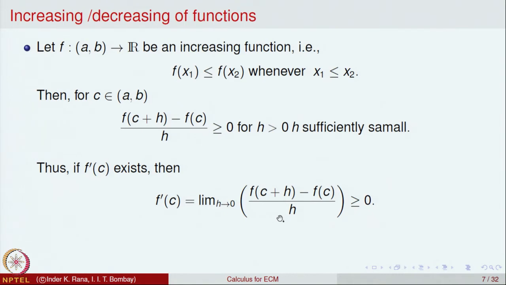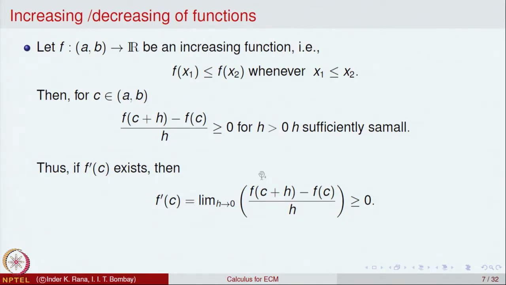If a function is non-negative, then this limit cannot become negative. Right? It has to come closer and closer to a value, and that value cannot be a negative quantity. So, by the property of limits, the limit of this quantity is bigger than or equal to 0, provided that the limit exists, and if we assume that f is differentiable, then f dash of c is bigger than or equal to 0. So, what we are saying?